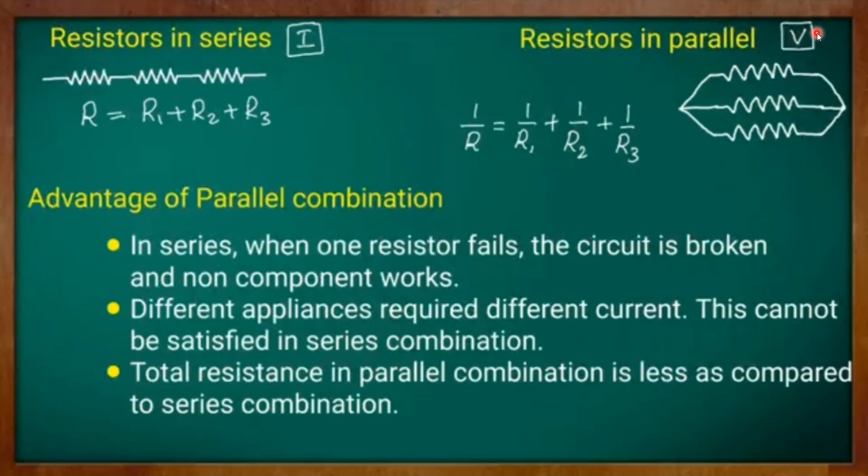I have written here V. Voltage is the same across resistors connected in parallel, whereas current is the same across resistors connected in series. The equivalent resistance in series is R is equal to R1 plus R2 plus R3, whereas for resistors in parallel connection, the equivalent resistance is 1 over R is equal to 1 over R1 plus 1 over R2 plus 1 over R3.